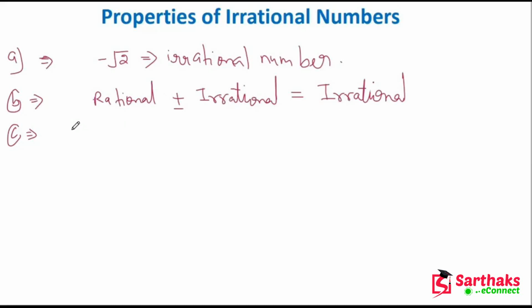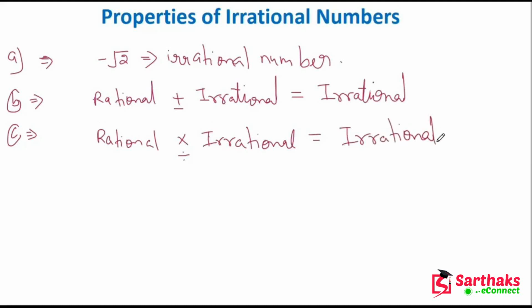If we multiply or divide a rational and an irrational number, we always get an irrational number.